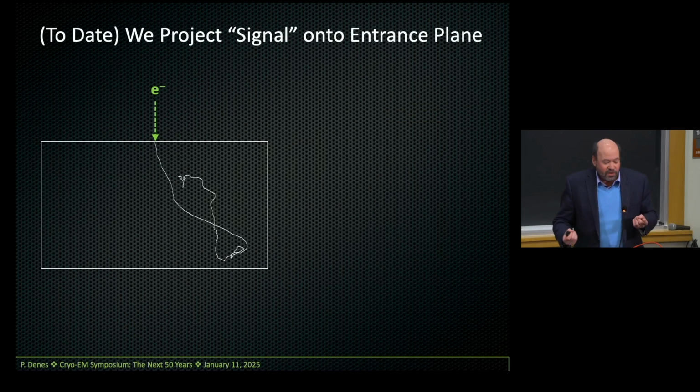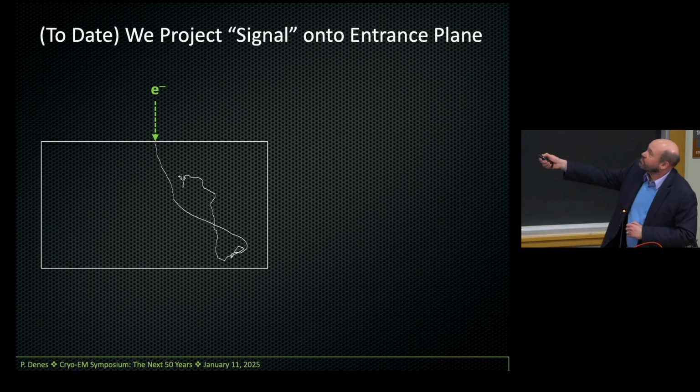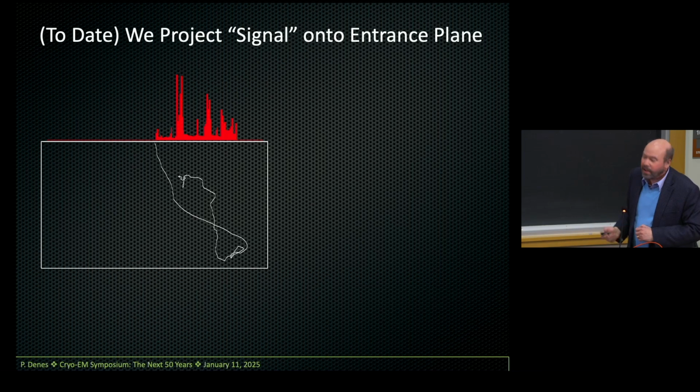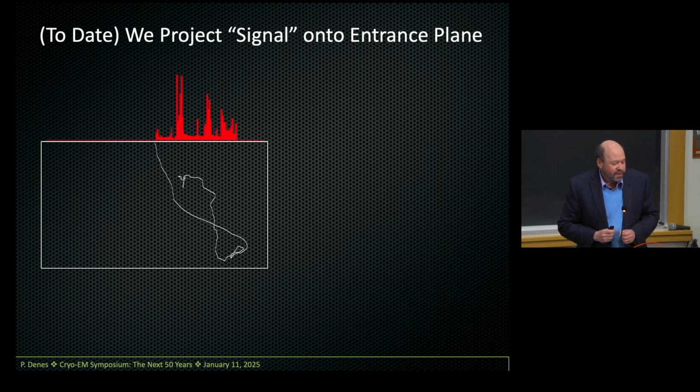Now, to date, we project the energy deposited onto the entrance plane. So here's an electron, it comes in, it does something, and we project onto the entrance plane all the little bits of integrated energy that have been deposited.